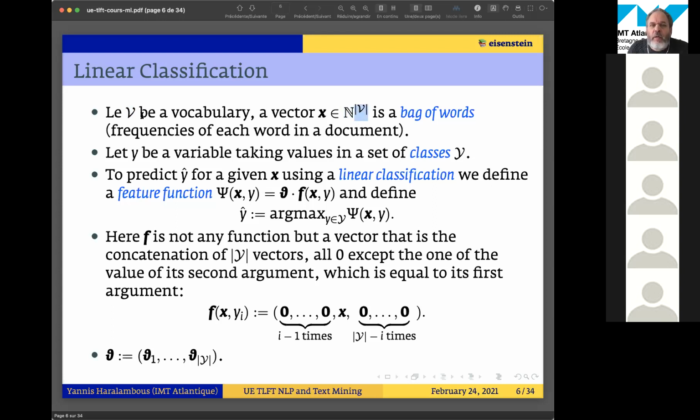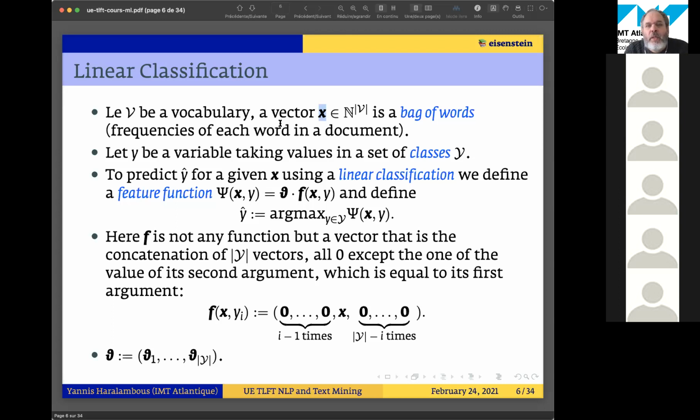We mean that for every item in the vocabulary, I need an integer number that can be 0, 1, or more. And this can be, for example, the number of occurrences of each word in a document. So taking a bag of words is losing a lot of information. I lose the order of words in the document, but I keep their frequencies, the number of occurrences.